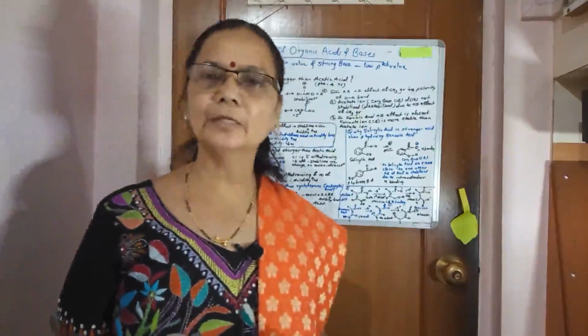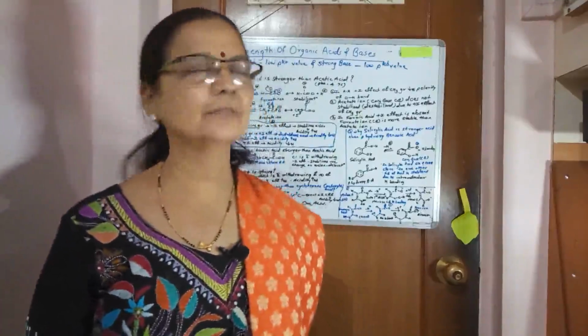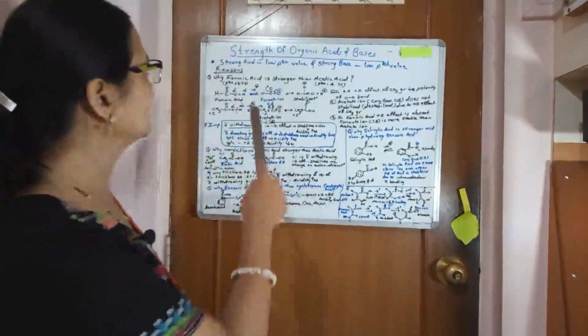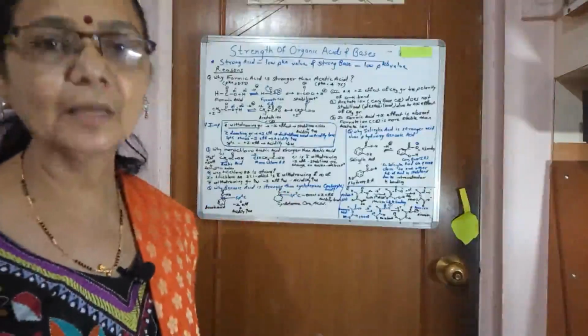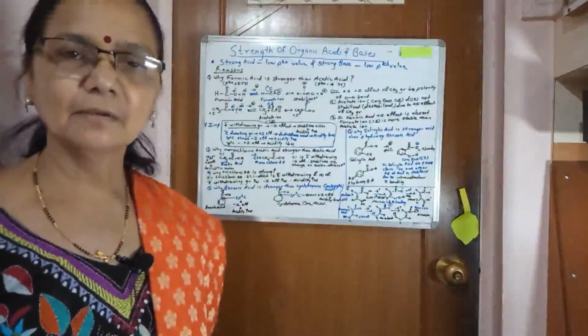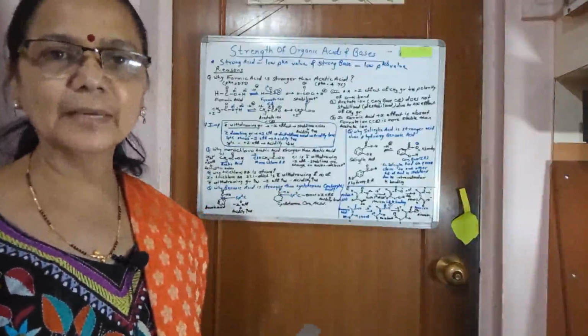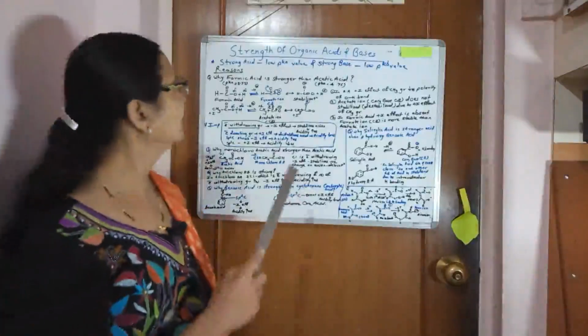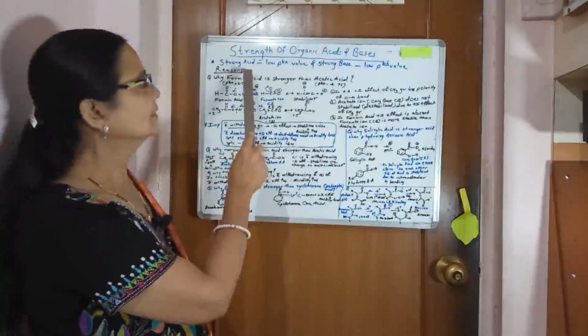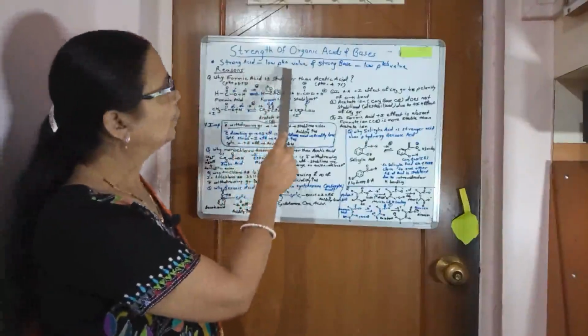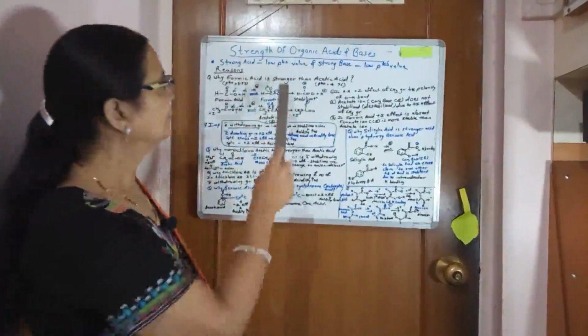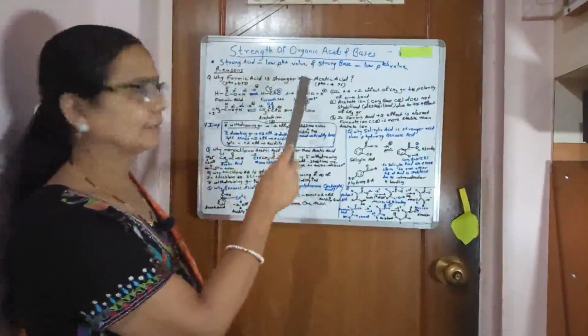If I am going to take the important reasons for this, the first one we are going to see, before starting this topic, some basic ideas must get clear. A strong acid has a low pKa value, but its pKb value will be more.